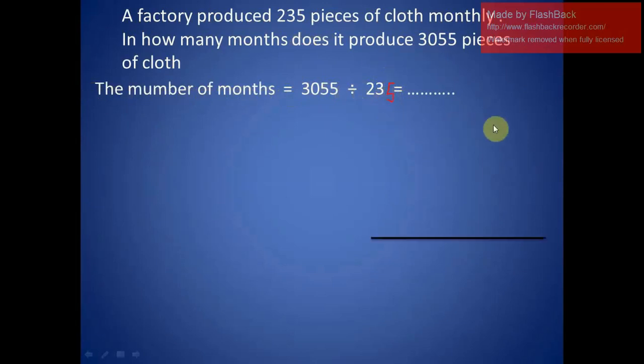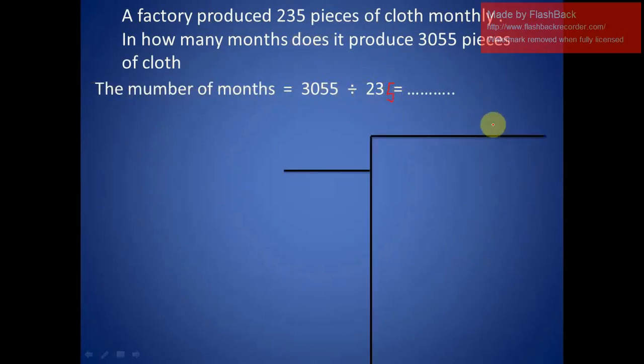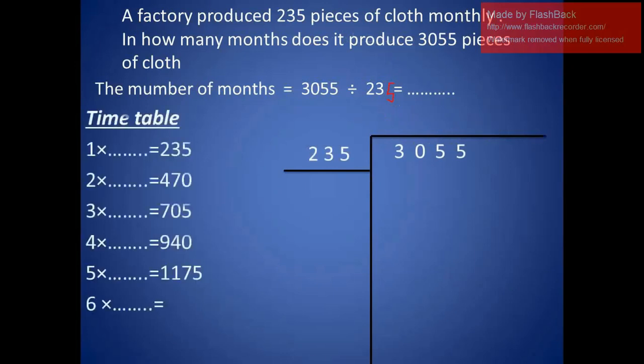Okay, we make the division, write the dividend, write the divisor, make the timetable, and go to the division. 3 divided by 235 impossible, 30 divided impossible, 305 possible because 300 is bigger than 200.